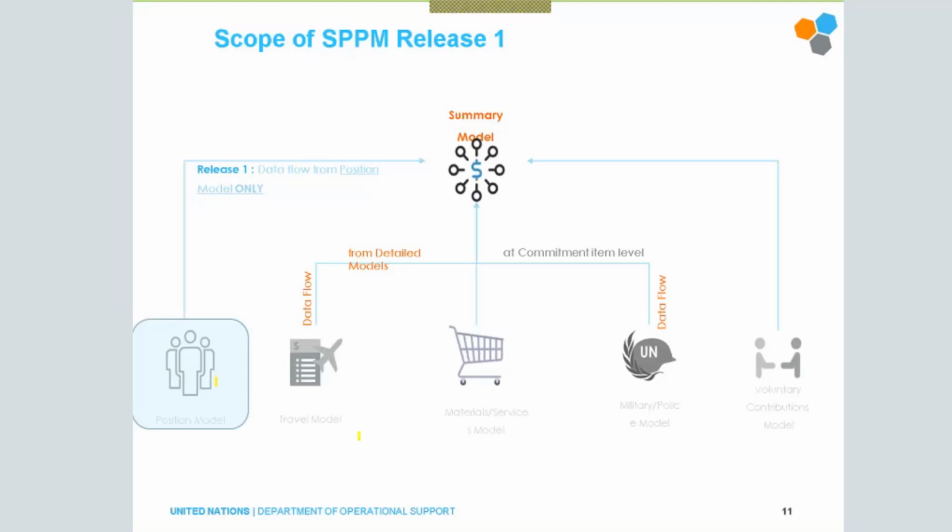So for now, forget about the travel model and the material and service model. I don't think you have military or police personnel in SPMs, right? So for this release, you're going to focus on the position and summary models. On the position side, we have position form 01, and here we have summary 09 and summary 03. So we are going to work basically here on position and on summary.